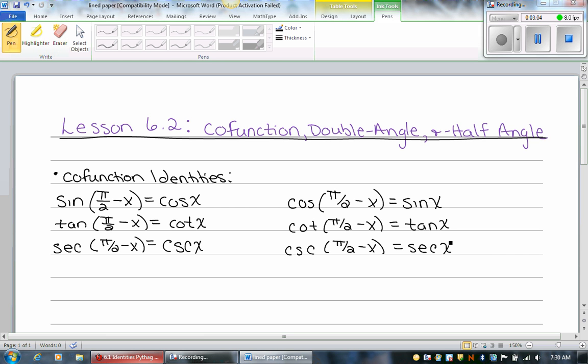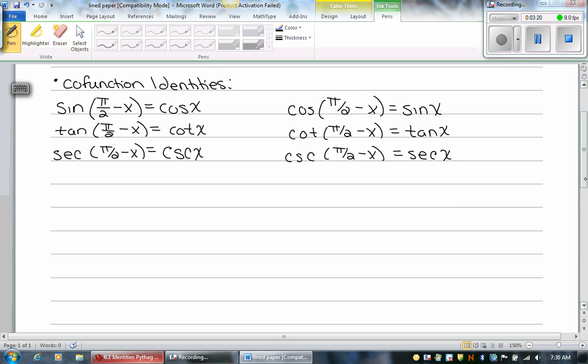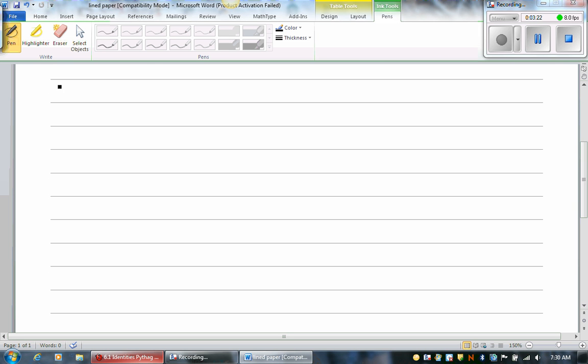So what we're going to do first is we're going to prove that sine of pi over 2 minus x is equal to cosine x. So you do have to know how to kind of go through and prove that these are actually functioning identities. Okay? All right, so here's my first example.